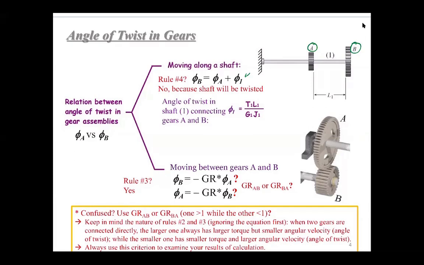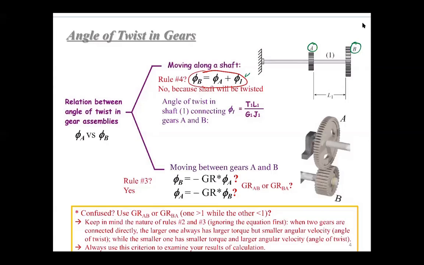So you can imagine that if A will not be rotated, but shaft 1 will be twisted because of the internal torque, then B must have an angle of twist larger than A, and the difference is just phi 1. So we got this equation: phi B equals phi A plus phi 1, because the shaft will be twisted.